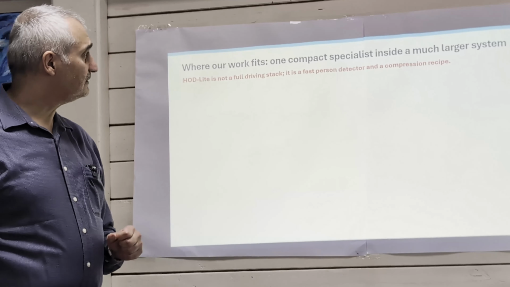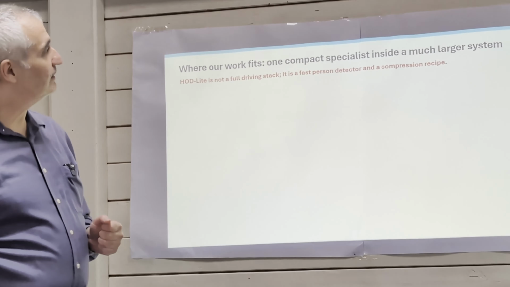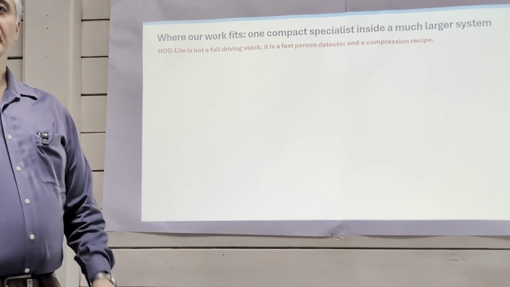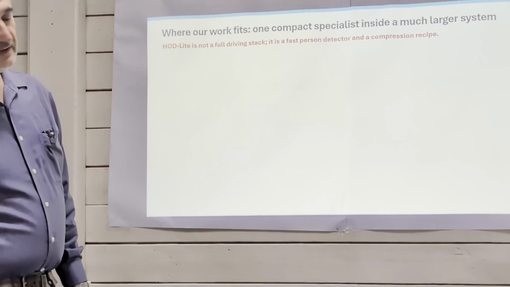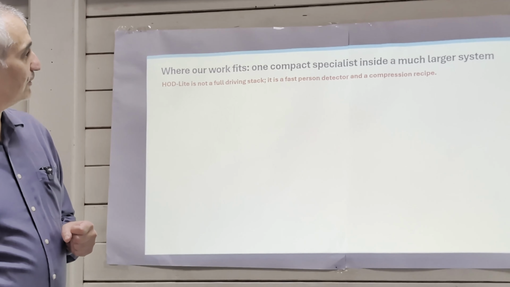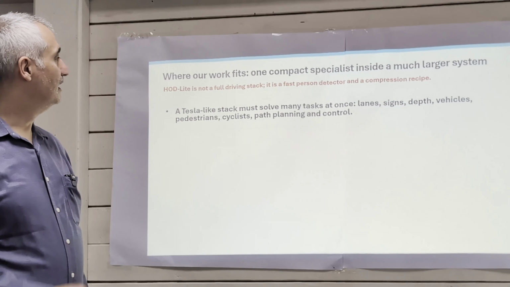So where does our work fit in this? It's one compact specialist system in the larger scheme. It's not a driving stack, and it's not going to replace any of those components. It can actually make it work better, or work on lower budget systems.